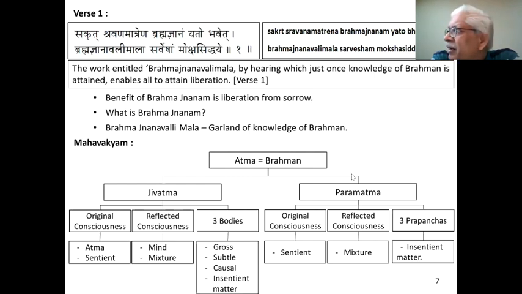That means the knowledge about the ultimate essence of this creation, which doesn't change at all, which is called Brahman in the Upanishads. You see, the Upanishads have declared the non-changing factor in this changing universe, because any change causes sorrow.